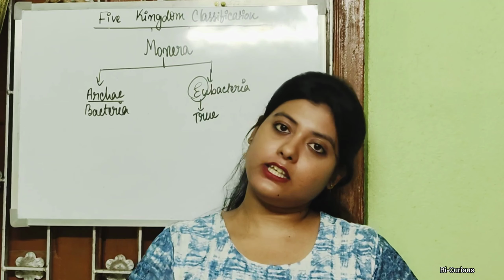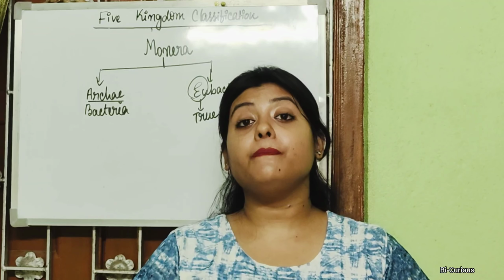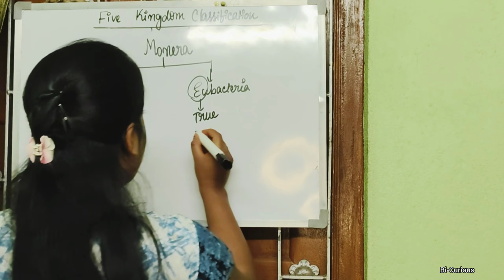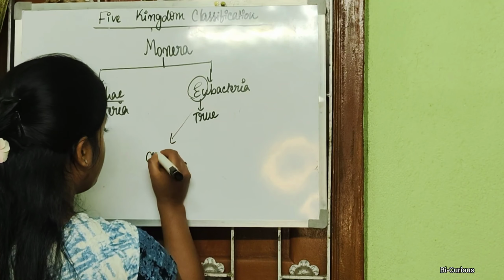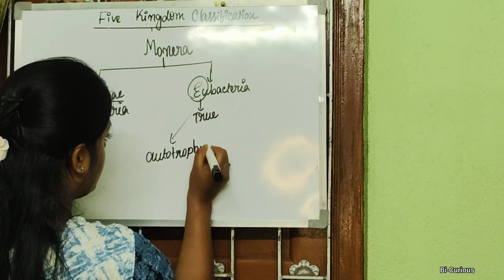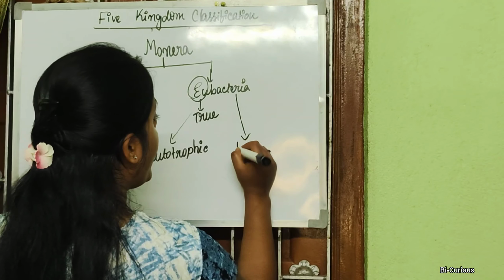Now, we can classify these Eubacteria also on the basis of their nutritional requirements. On the basis of nutritional requirement, we classify the Eubacteria into 2 types. One is autotrophic, another one is heterotrophic.